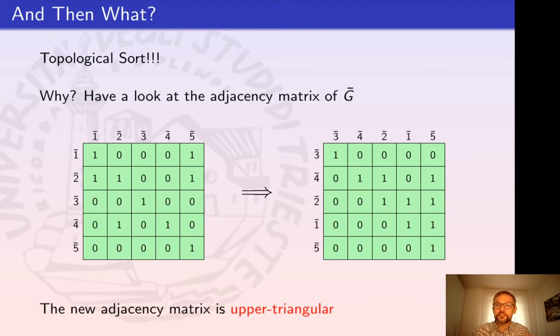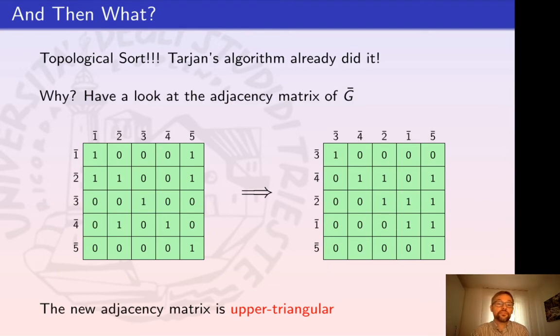This is a strange trick, but why is it so important? Why is it so interesting to get an upper triangular matrix? Oh, by the way, if we apply the Tarjan algorithm to compute the strongly connected components, to get the collapsed graph, we get the topological sort for free, because the Tarjan algorithm already computes the topological sort.